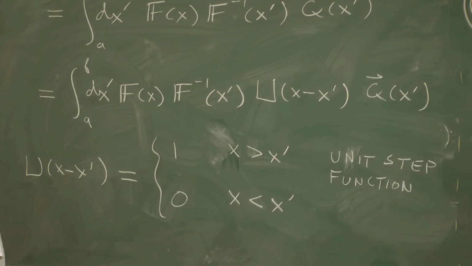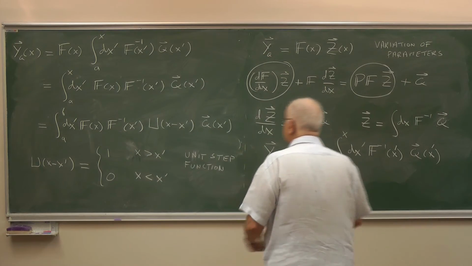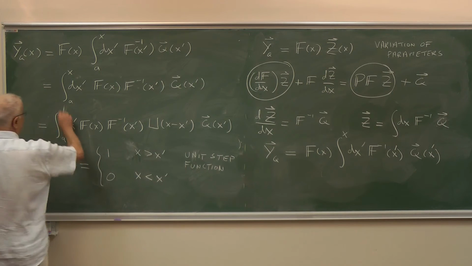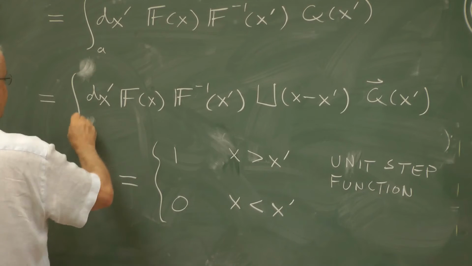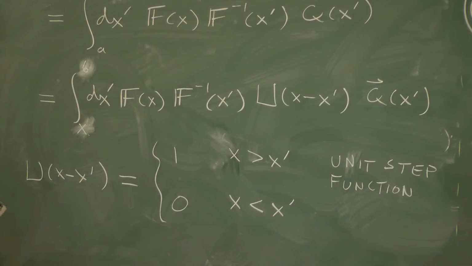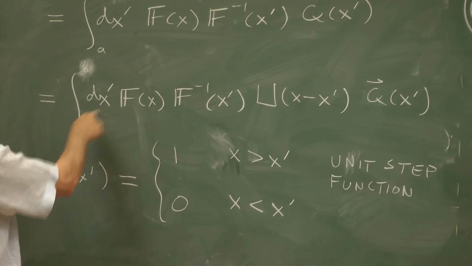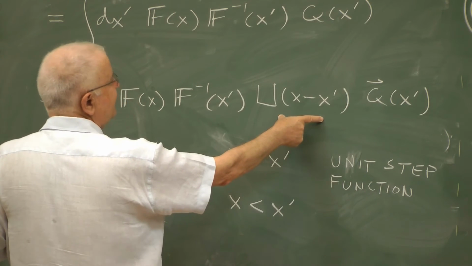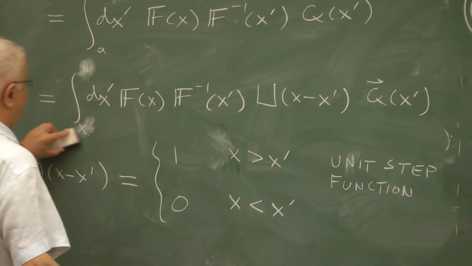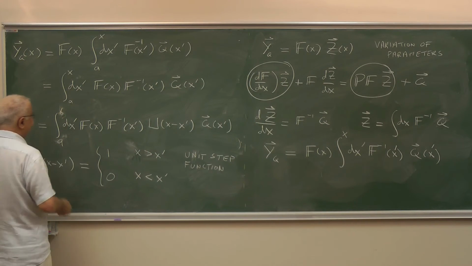Now let us consider this integral a to b. I can think of it as two parts. First of all, a to x, which is the integral I have at the top, and then x to b. Now, x to b dx prime means x prime is larger than x. If x prime is larger than x, this kills the integrand, and I have 0. So I truly have a definite integral.